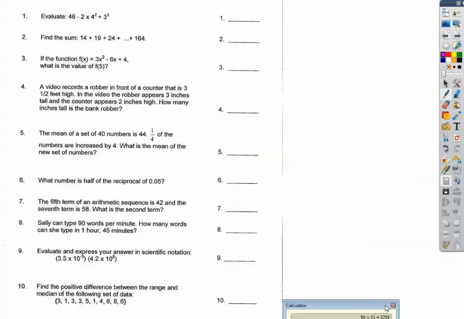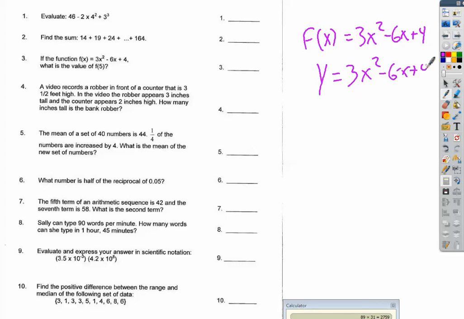The function. Now, this is in function notation. For most students, it would be easier if I just said y equals 3x squared minus 6x plus 4. And then it goes on to say that we're to find f of 5. In other words, x is equal to 5.